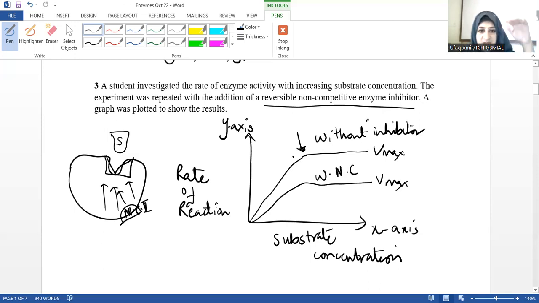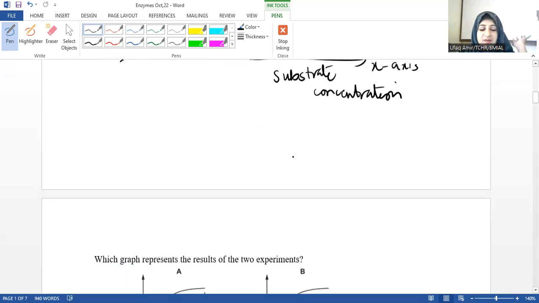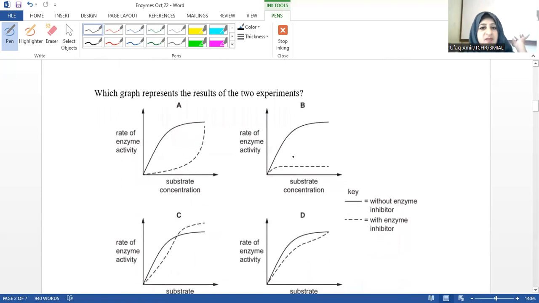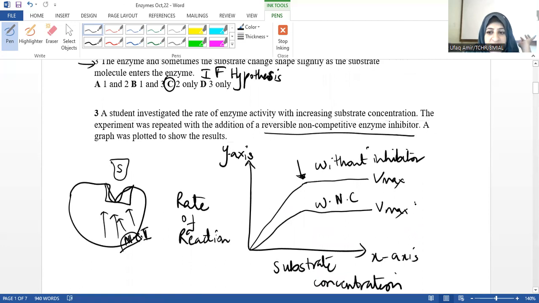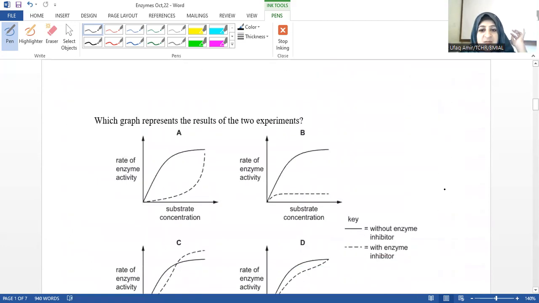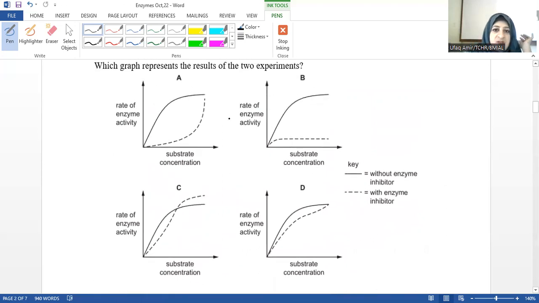If we keep all this theory in mind and check the graphs, which graph represents the result of the two experiments? You have seen that Vmax is now lower with the non-competitive inhibitor. Three of these graphs do not show that lowering of Vmax. Instead, they have raised Vmax even from the normal case.